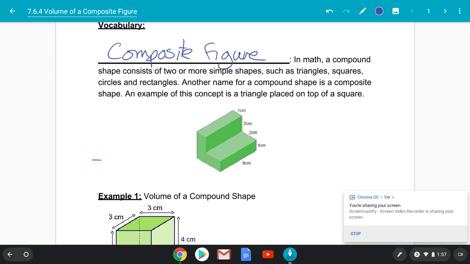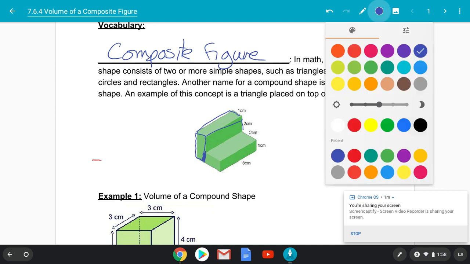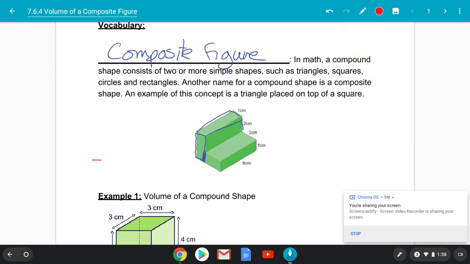So what I mean by that is that we could look at the back of this piece as one. So you can kind of see I'm taking this bottom part here and I'm looking at one big piece in the back.